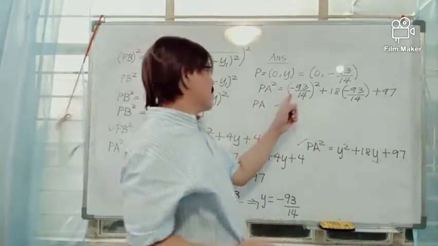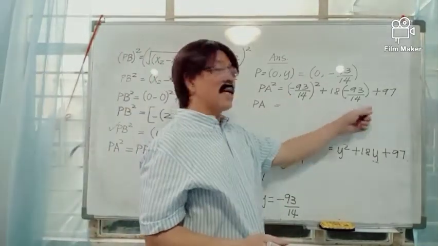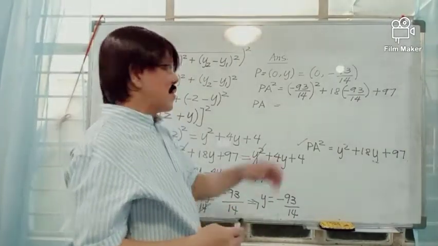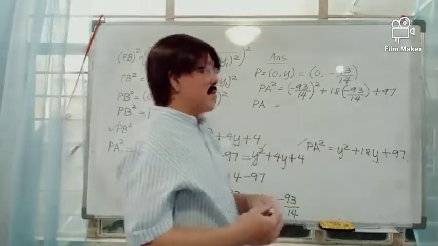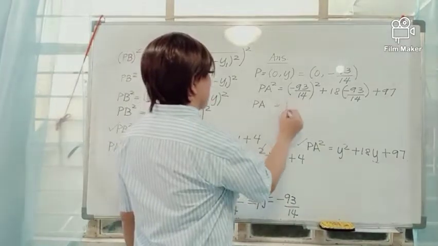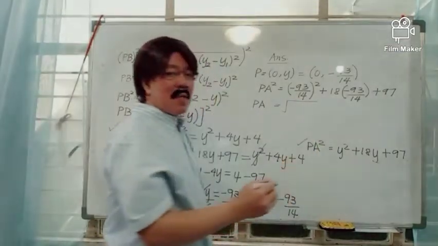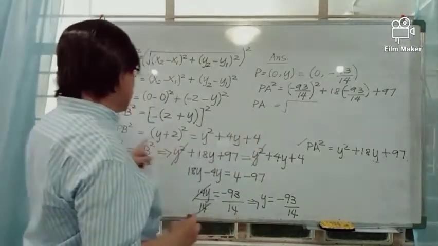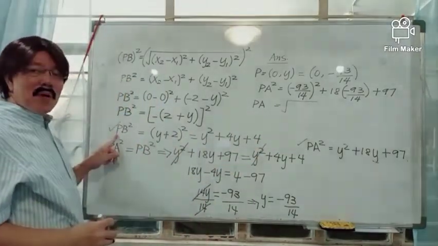And we will compute this using a calculator. And then after you have computed the right hand side, you get the principal root. And the answer here should be equal to the distance between the points P and B.